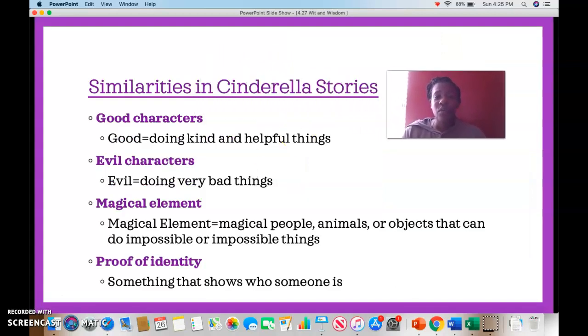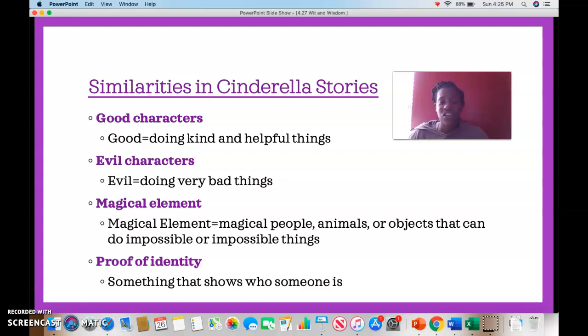Now, what we want to do is look at some similarities in Cinderella stories. We have good characters, evil characters, a magical element, and proof of identity. Good means doing kind and helpful things. So we want to look for the characters in the stories that are being kind, that are helping other characters, and doing things that are helpful.